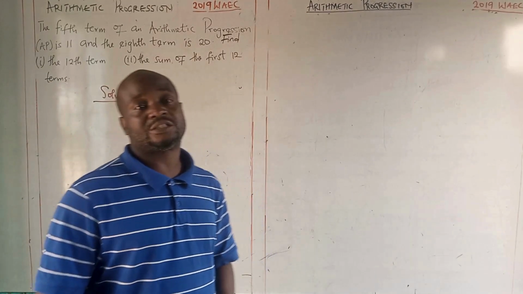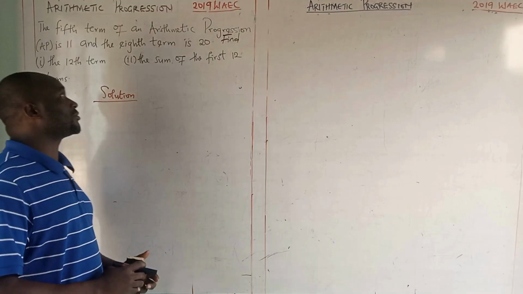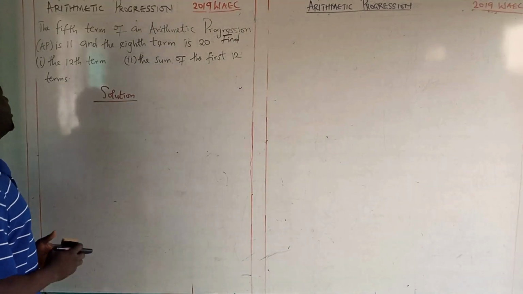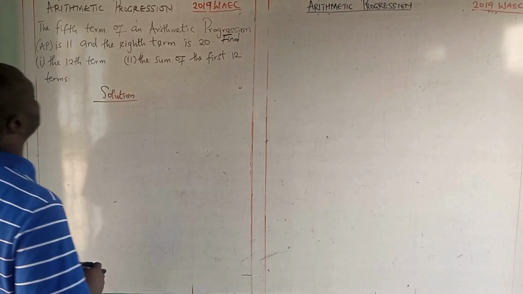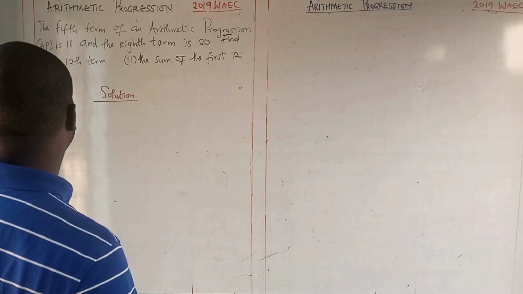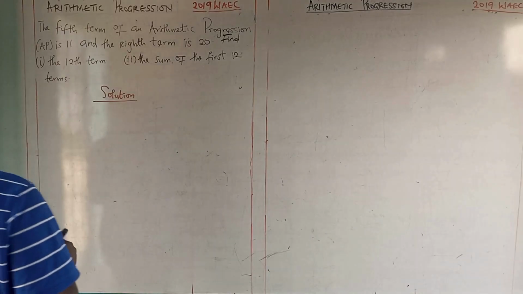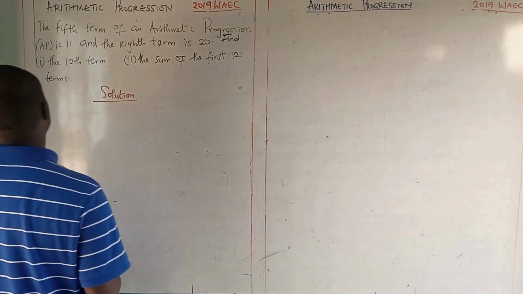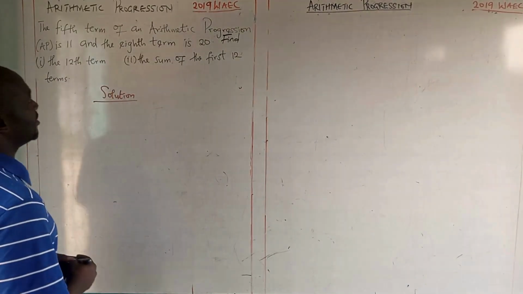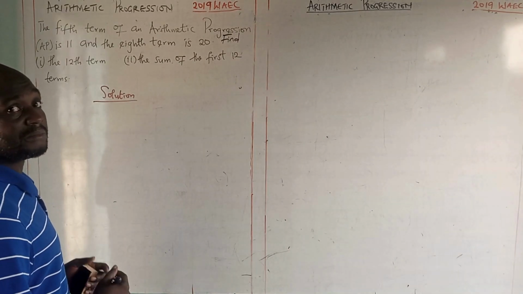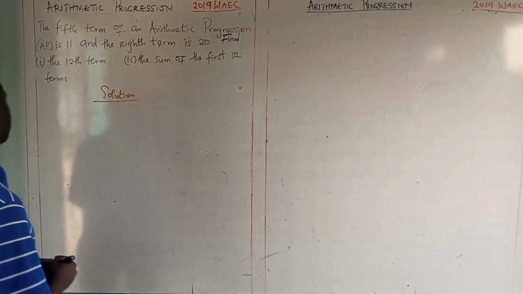Alright, still in 2019, they asked another question. The question says, the fifth term of an arithmetic progression, AP, is 11, and the eighth term is 20. Find the 12th term and the sum of the first 12 terms.